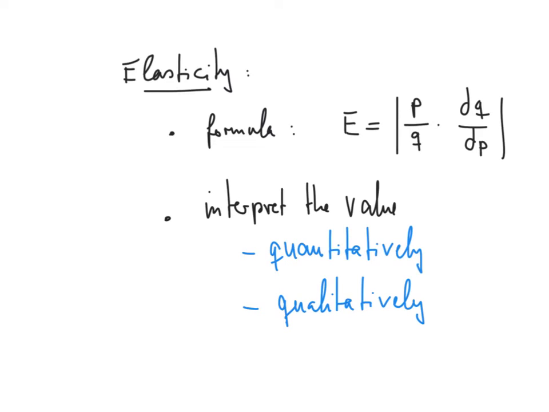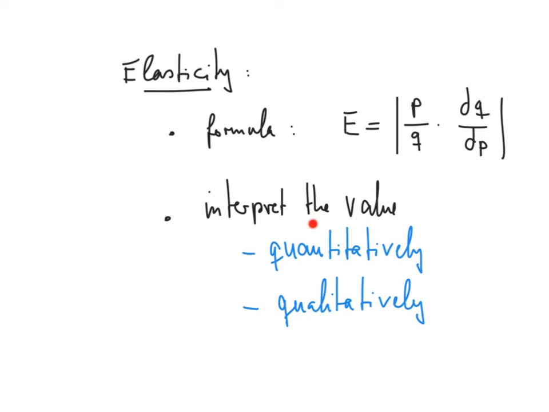So always remember, find your demand equation, interpret it as a function of P, compute the derivative as a function of P, plug it in here, and here we have P and Q again as a function of P. Then you can compute elasticity at any price level. Elasticity as a specific number is always the elasticity at a specific price.